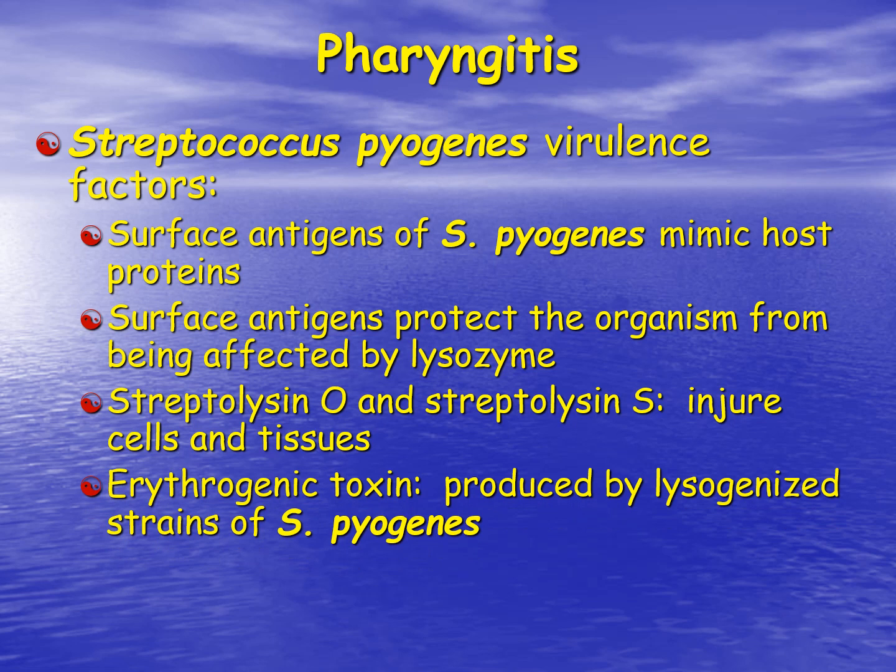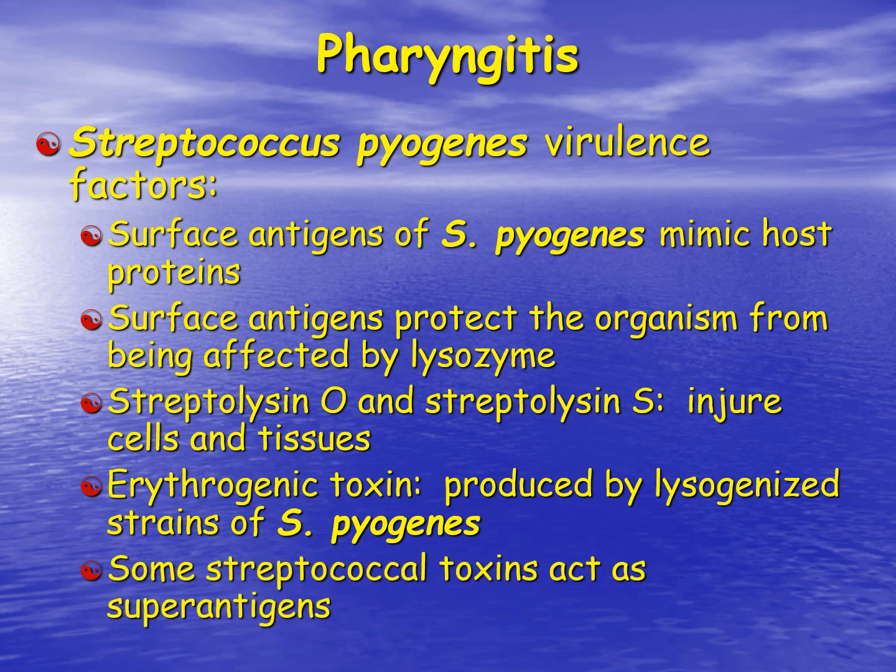Erythrogenic toxin produced by lysogenized strains of S. pyogenes can actually cause the disruption of the erythrocytes. And some streptococcal toxins actually act as superantigens.